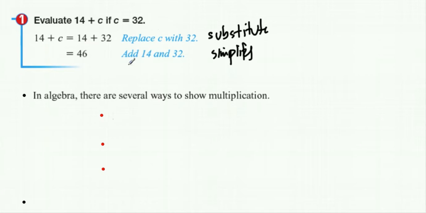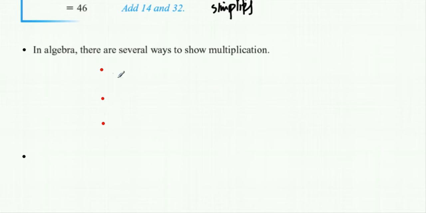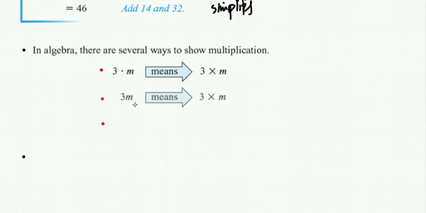Okay. In algebra, there are several ways to show multiplication, and these are the several ways. 3 times m means 3 times m, 3 dot m. 3m means 3 times m as well, and mn means m times n. So if you have two letters next to each other, the operation is multiplication.